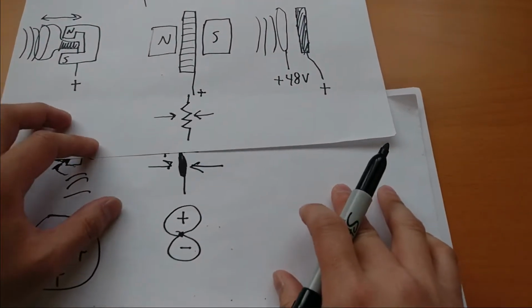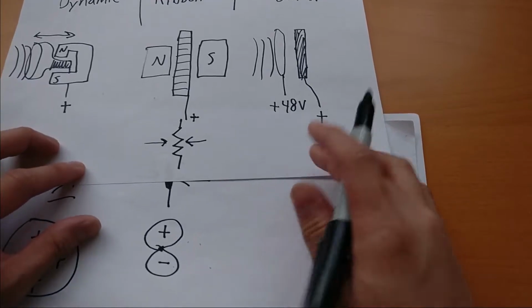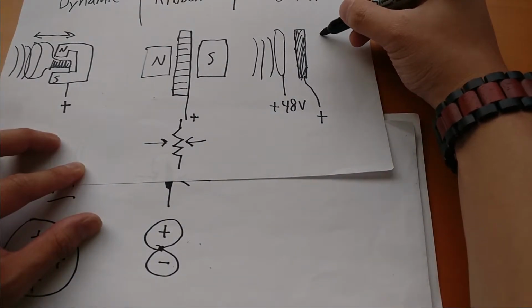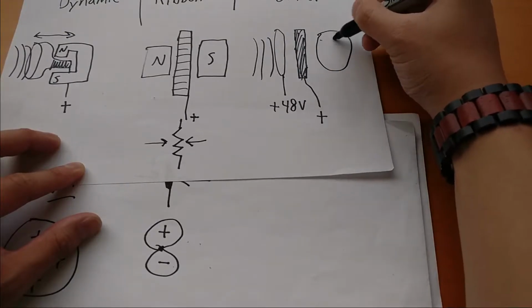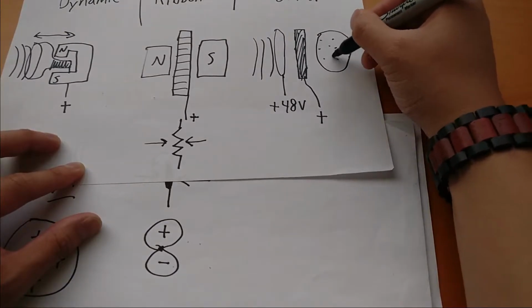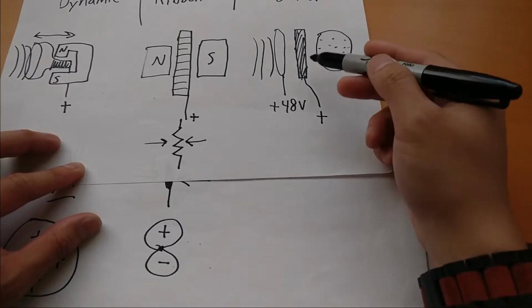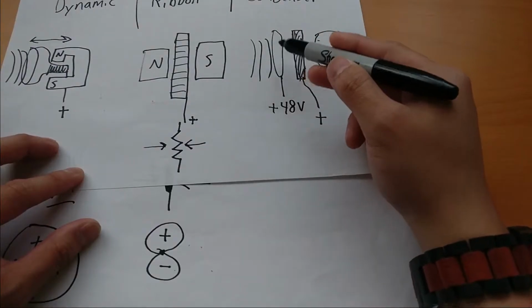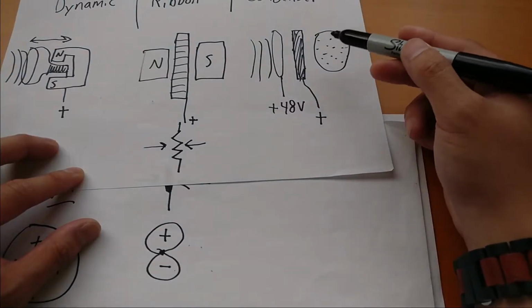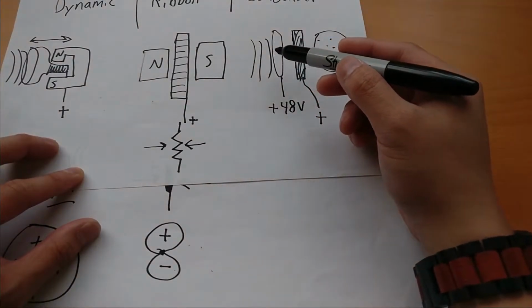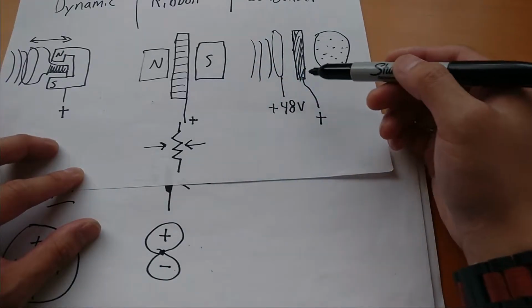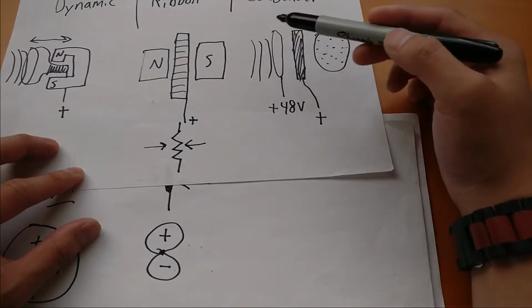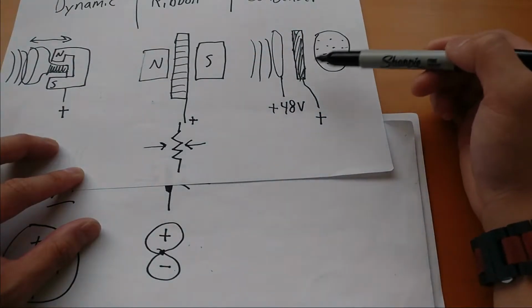In the case of a condenser microphone, usually this backplate is corrugated, so there are holes in there. If I were to draw this from the back, you would see holes in the backplate here. The holes allow sound to enter from here, and some sounds from the back, and some sounds will travel through the housing of the microphone where the capsule is. The capsule is the assembly where the drivers reside.